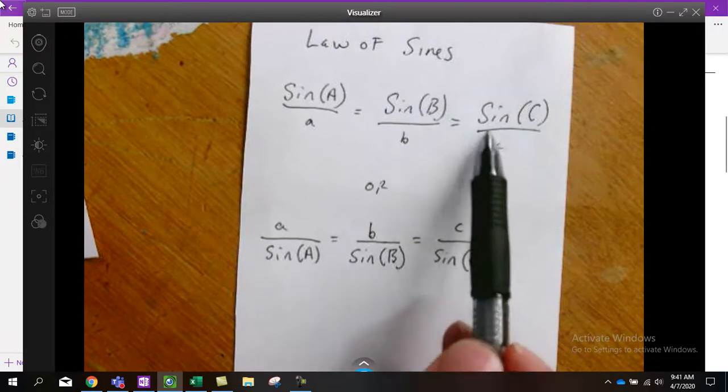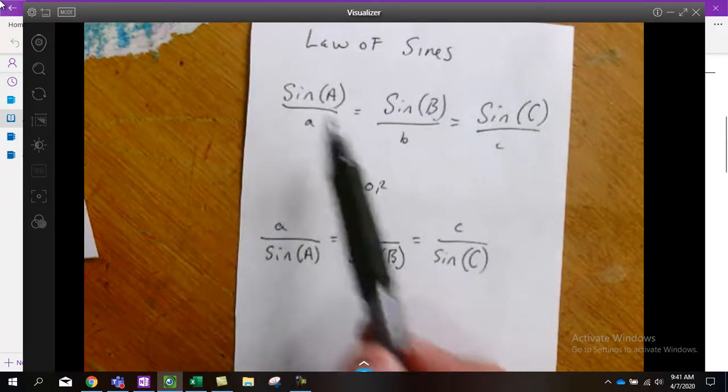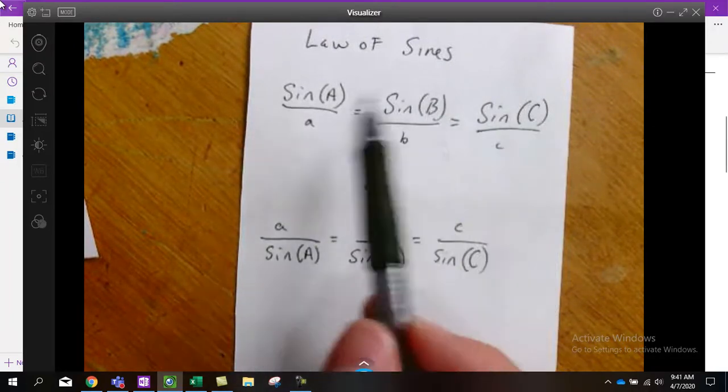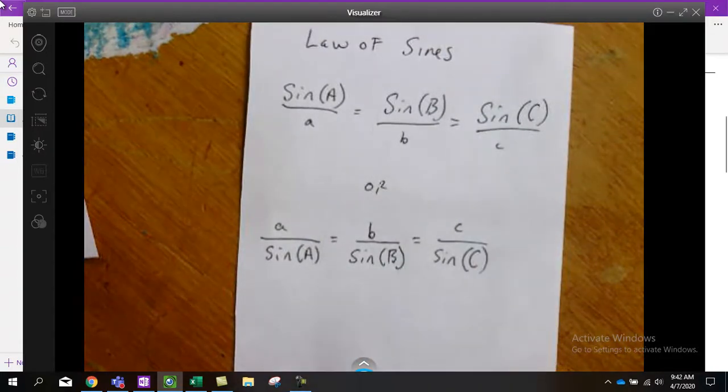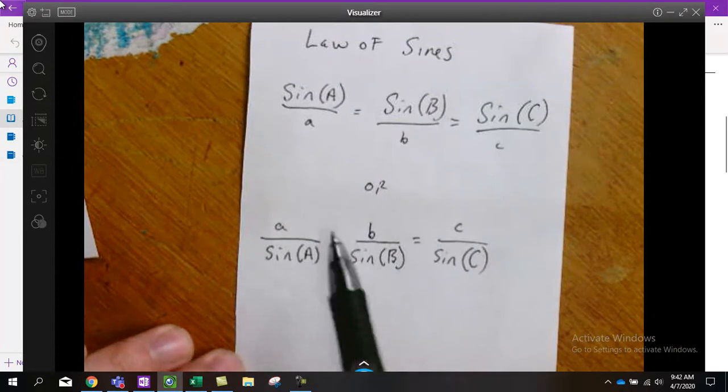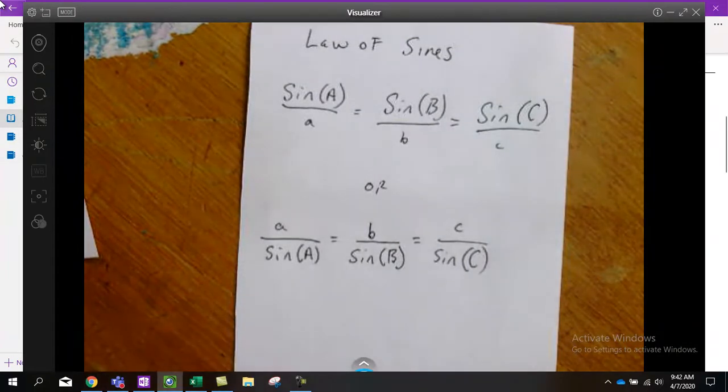The key is that I only really need two of these. So maybe I do A and C, or A and B, or B and C. I'm only going to take two of these fractions at a time, not the whole thing. And just like you'd expect, 1/4 is the same as 2 over 8. If we flip those, 4 over 1 is the same as 8 over 2, we still have equality.